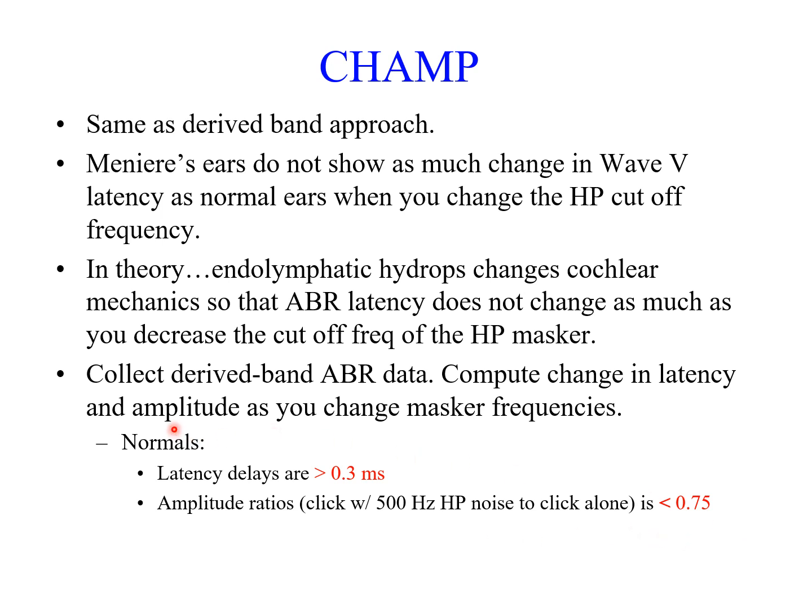So in other words, in normal people, we expect to see latency delays that are more than 0.3 milliseconds. We also expect to see amplitude ratio changes. The amplitude ratio would become less than 0.75 when we do these two comparisons, using the wave 5 amplitude evoked by clicks and high-pass masking noise cutoff frequency at 500 Hz compared to the wave 5 amplitude evoked by clicks alone.